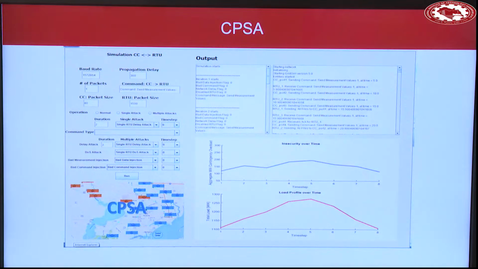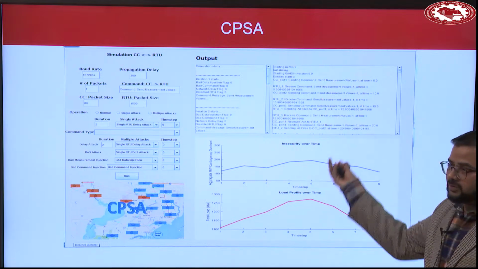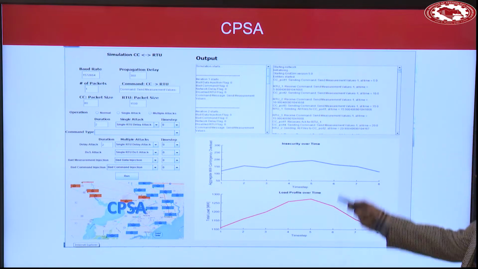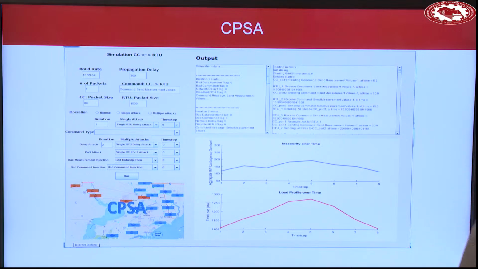So this is how the interface that we created looks. It's a simulation environment between the control center and RTUs, which is the substation and control center. What is the baud rate? What is the propagation delay within the network? Number of packets that we have sent, and what kind of packet it is.